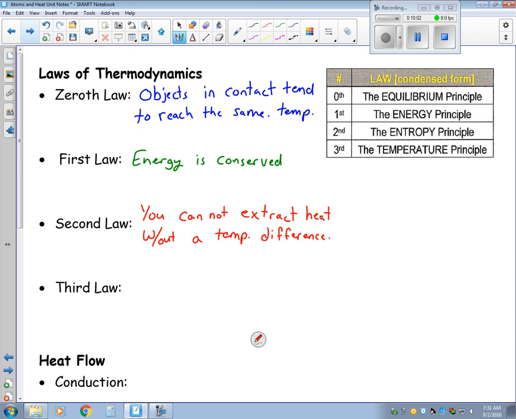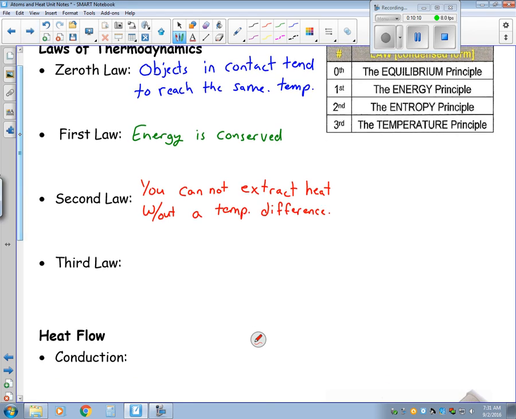So the second one, you cannot extract heat without a temperature difference. So the second law is how your car works. By extract, I mean turning heat into kinetic energy. The third law, we haven't really talked about it too much, but it's pretty easy.